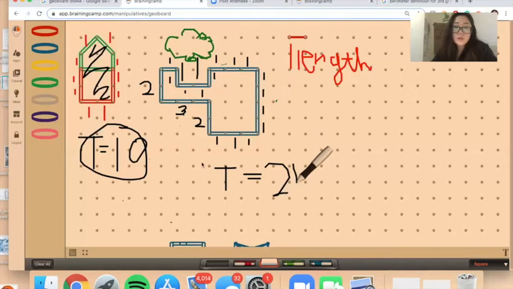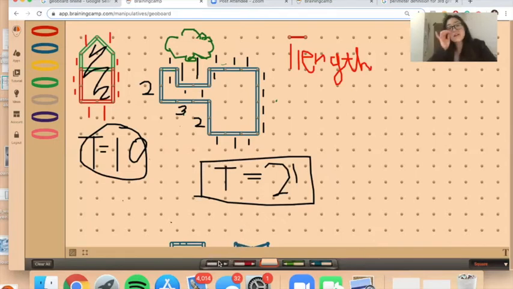So our total perimeter is 21. All right. So that concludes our lesson for today about perimeter. You'll turn to page 30 and you'll meet us on Zoom after this.